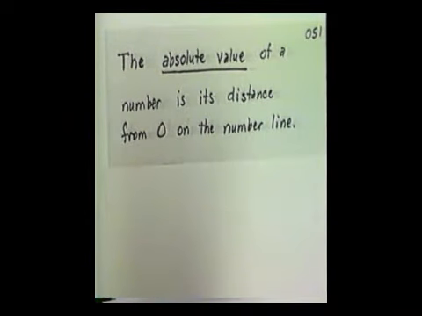If I ask you how far it is to Greensboro, you might tell me 20 miles. If I ask you how far it is to Martinsville, you might tell me maybe 25 miles. In neither case did you use a negative number, even though one is going south, the other is going north. They're in opposite directions.